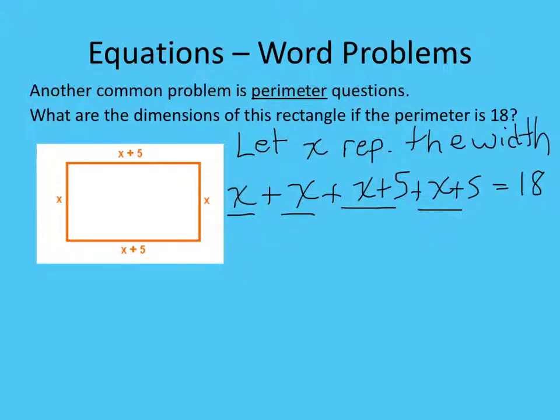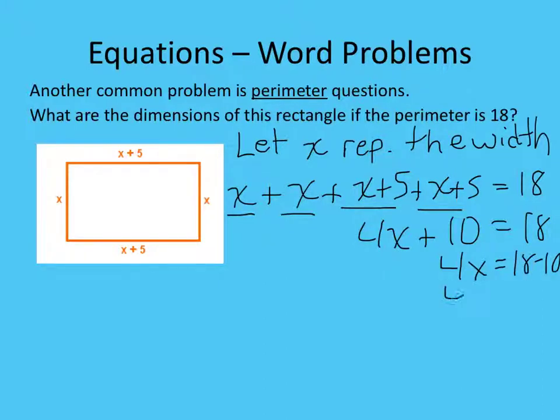I see 1, 2, 3, 4 x's and 2 5s. So 4x plus 10 equals 18. 4x equals 18, take away 10. 4x equals 8. Divide both sides by 4, and x equals 2.